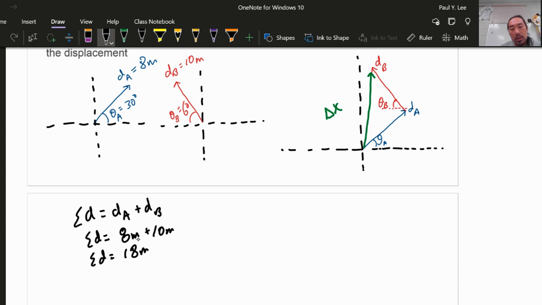So we have 8 meters, and then we have 10 meters, and we just have to add them up. So our total distance, remember that fancy E looking symbol, that's sigma, that's the math symbol for total, is 18 meters. And hopefully you got that one correct.